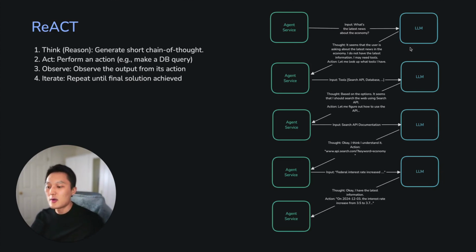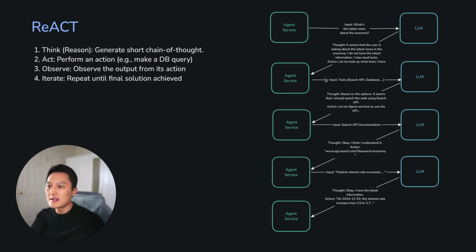where it's going to try to understand, okay, based on this question, I don't have the latest information about the economy. Maybe I'm a little bit outdated about this. So perhaps there are some tools I can leverage as a way to get the latest information. So the LLM is going to see within this overall service what the tools are that are available. And then the service is going to send back some set of tools that it has available, like the search API or any kind of database.